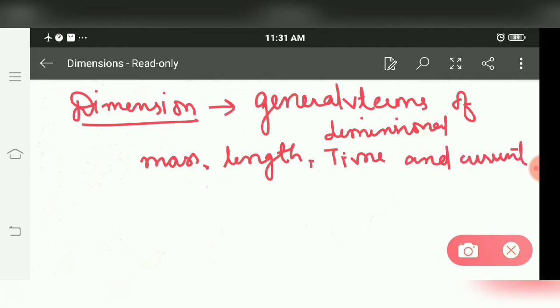As in physics, we have a number of formulas, when we express those different formulas in general dimensional terms of mass, length, time and current, that gives us the dimension formulas.